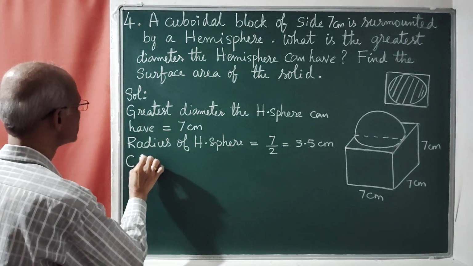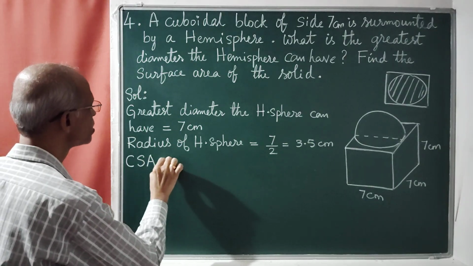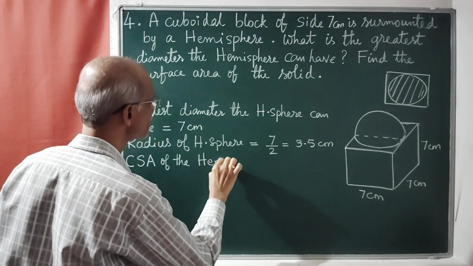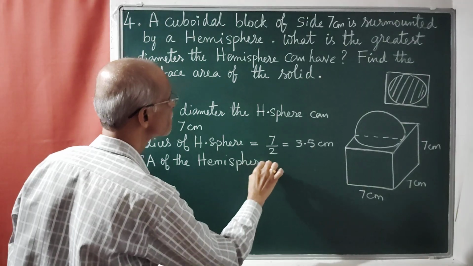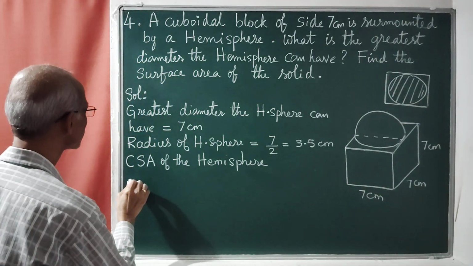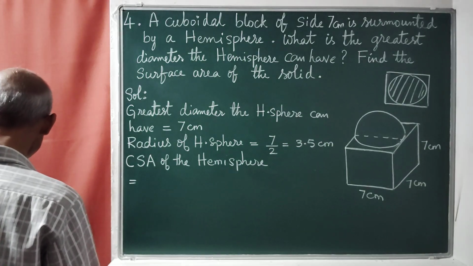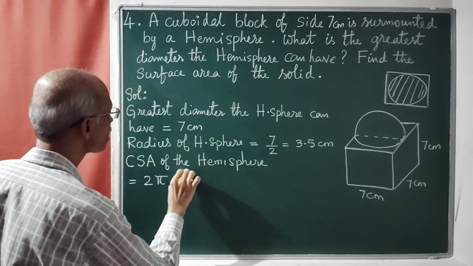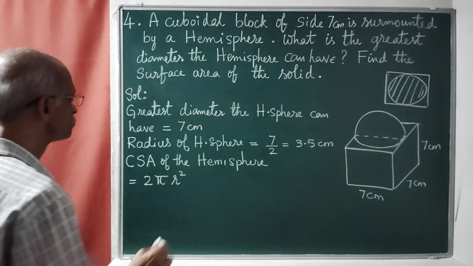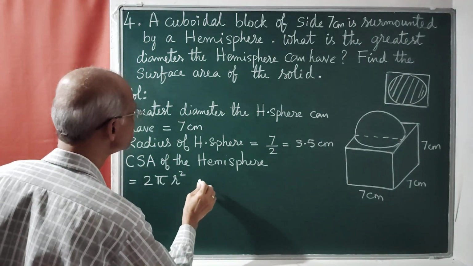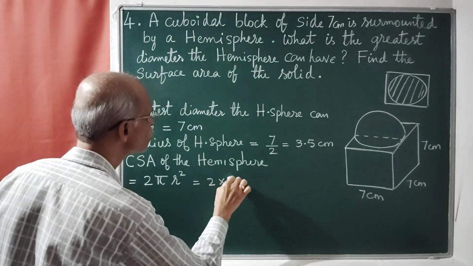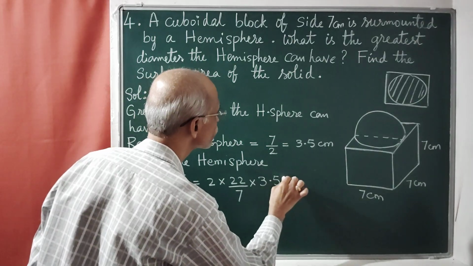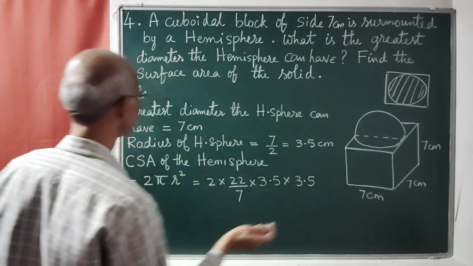So CSA, curved surface area of the hemisphere, is equal to 2 pi r square. 2 pi r square will be equal to 2 into 22 by 7 into 3.5 into 3.5.